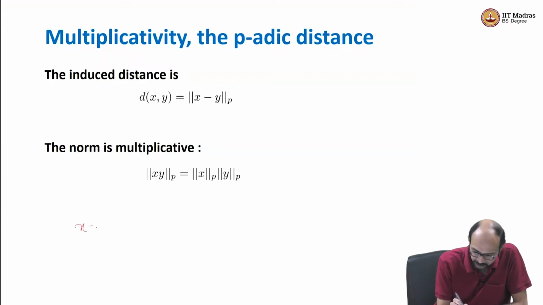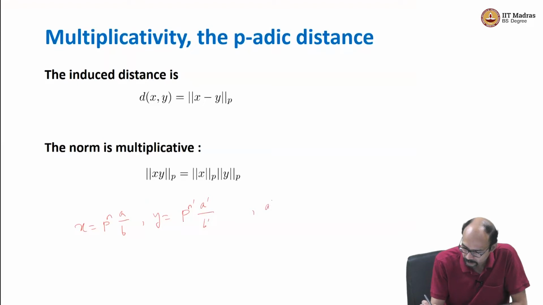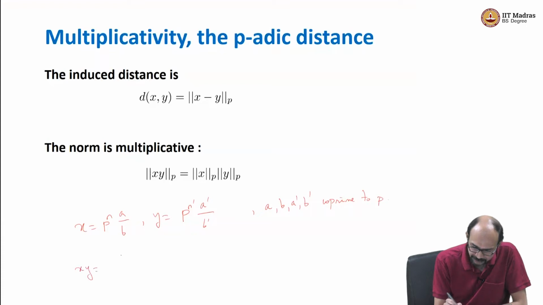Let's write x as p to the n times a by b, and y as p to the n prime times a prime by b prime. Now a, b, a prime, b prime are not divisible by p, that means they are co-prime to p. So when I multiply, xy is p to the n plus n prime times a prime by b prime.